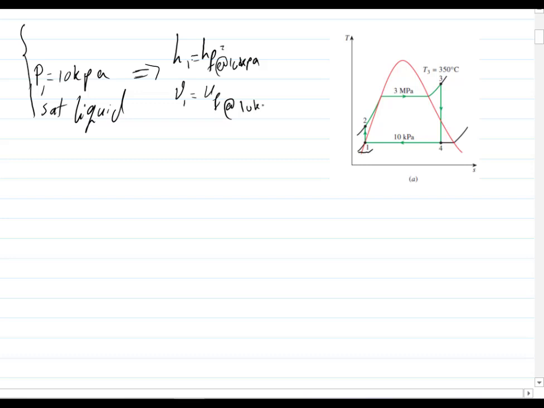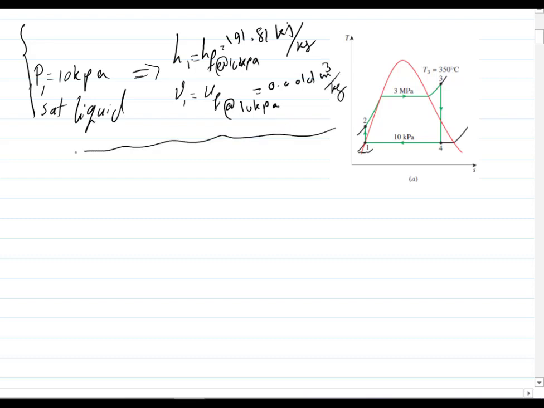The values for these two properties are 191.81 kilojoules per kilogram, and also for VF is this much. We found these values from the table. Okay, so this is for state 1.